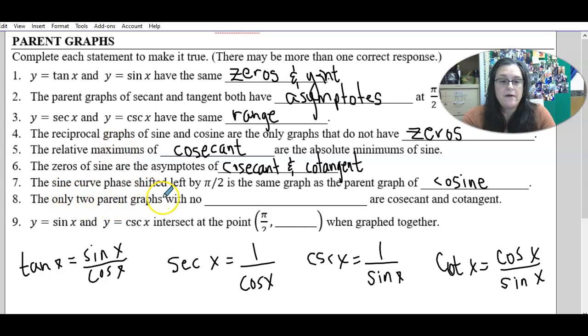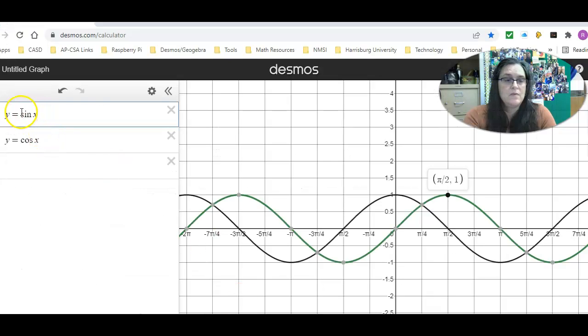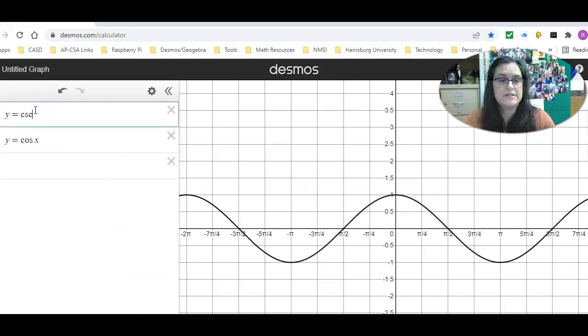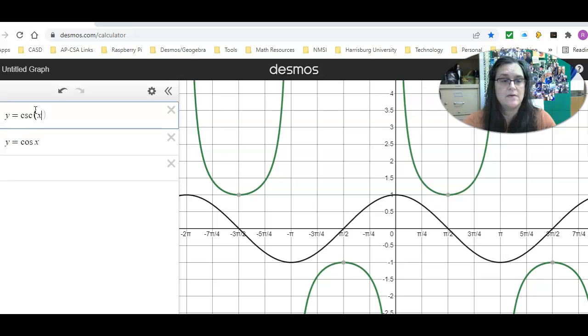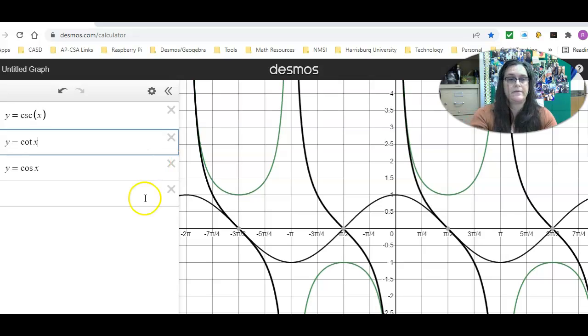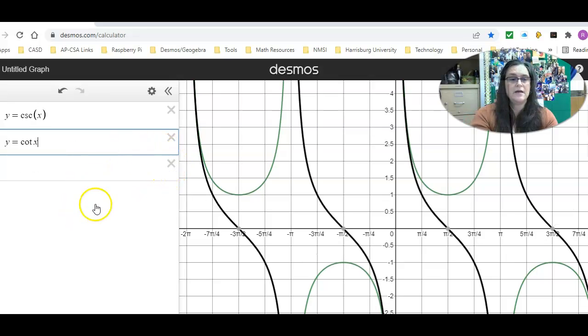Okay, the only 2 parent graphs with no blank are cosecant and cotangent. So when we look at Desmos again, we'll graph the cosecant and the cotangent. Get rid of the cosine here.